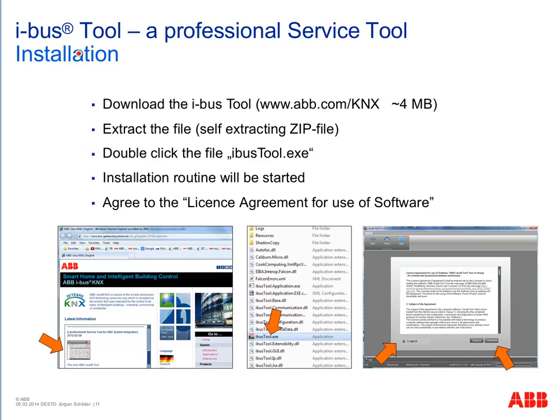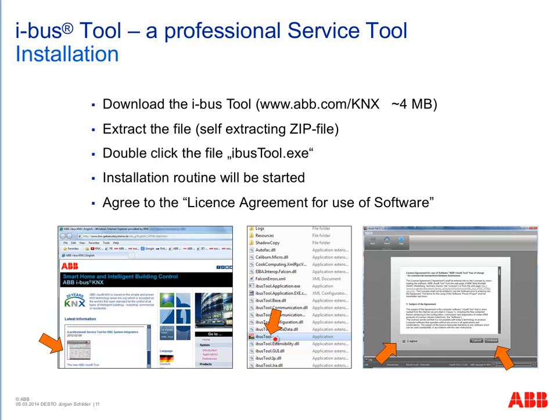So here are the steps for the installation. You can download it free of charge from our website abb.com/knx, and the size is about 4 megabytes. This version will be available at the end of March. Double click the file, it's a self-extracting zip file, and then you get a folder with all the files.